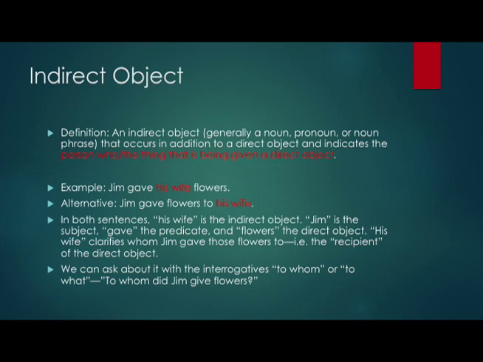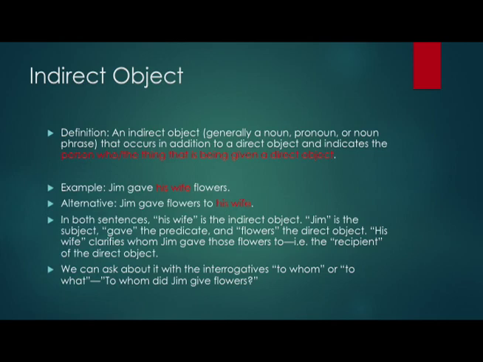So Jim's the subject, he's the agent of the action here. The predicate, the verb, is gave, the past tense of to give. Okay. So Jim is giving something, in this case, the flowers, which are our direct object. And now we also inform the reader whom he is giving these flowers to. And that's his wife.